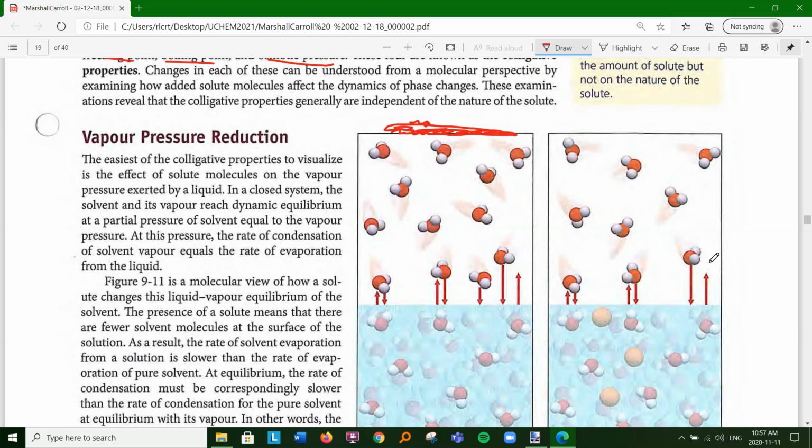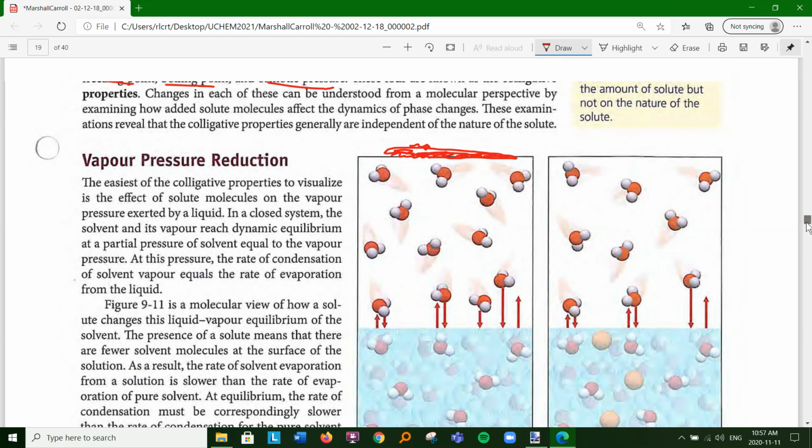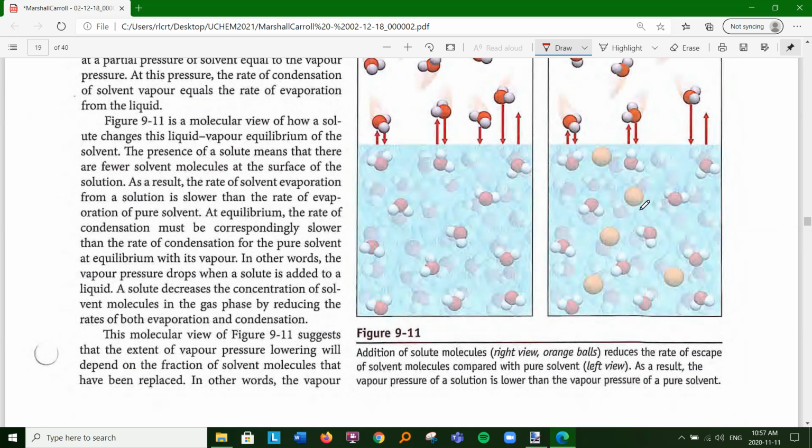Now, on the right, we have put in some solute, and so now the water is not leaving as easily. There's a few ways to think of this. One is that some of these solute molecules are blocking exit paths for the water to escape from the liquid to the vapor phase. Other explanations are that the solute attracts water molecules towards it that would have otherwise tried to get out of the solution.